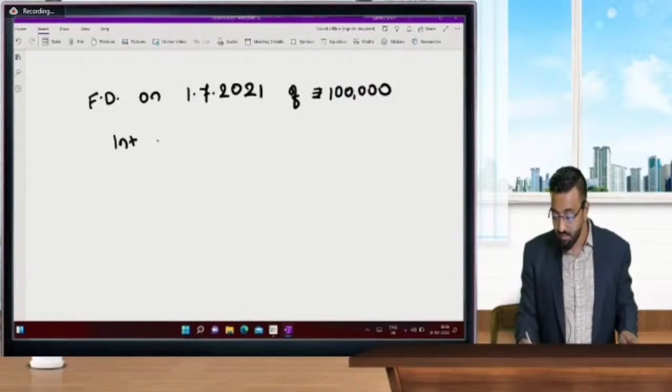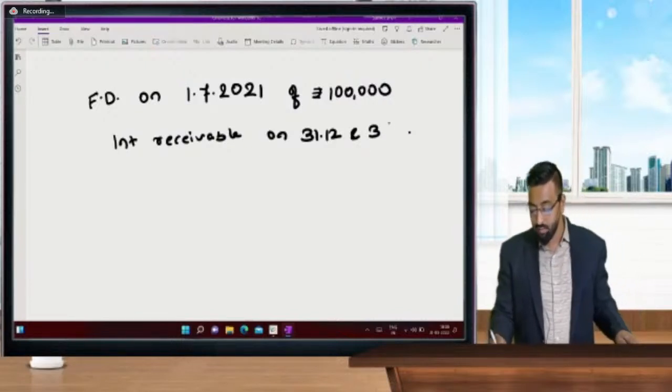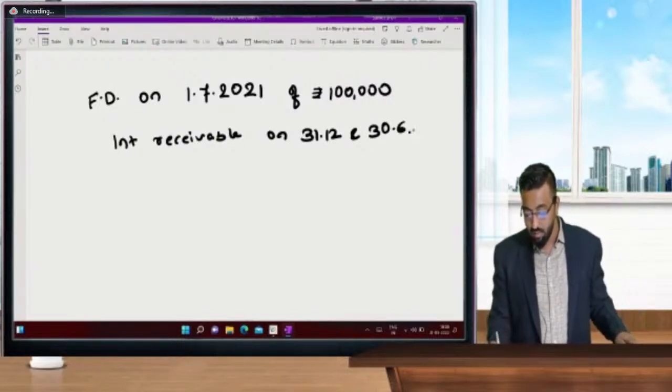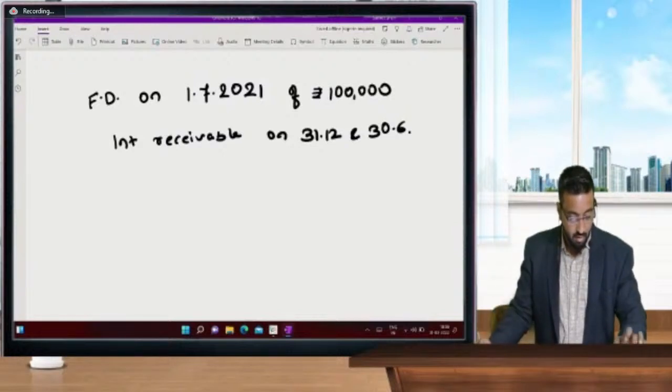Interest receivable on 31st December and 30th June. Okay.